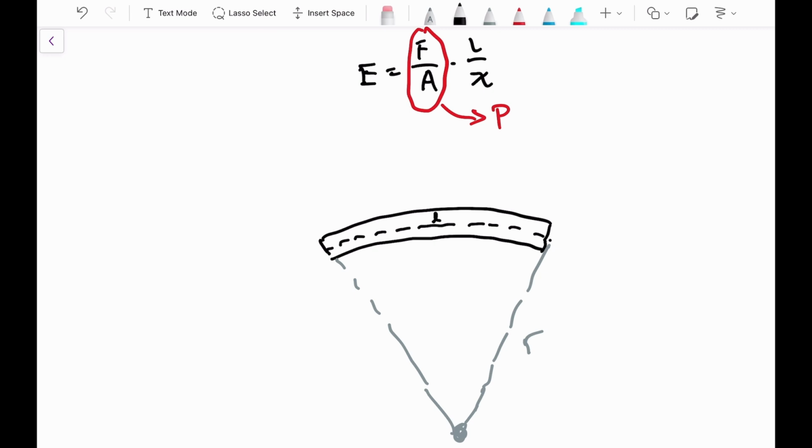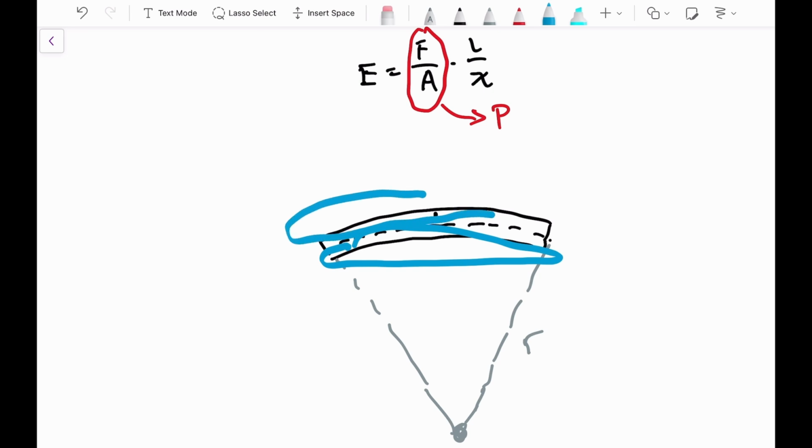Now, however, there are two layers. The bottom layer is the layer where it's compressed, and the top layer is the layer where it's extended, or stretched farther apart.